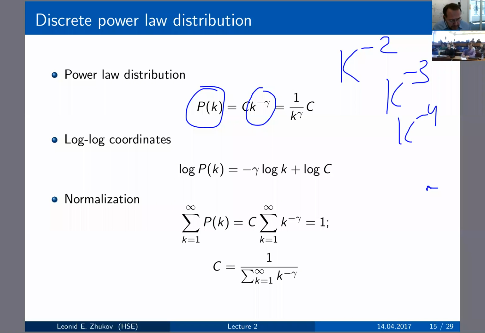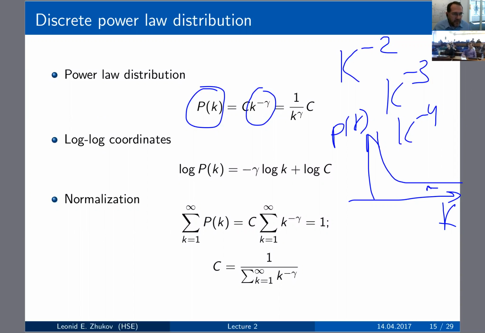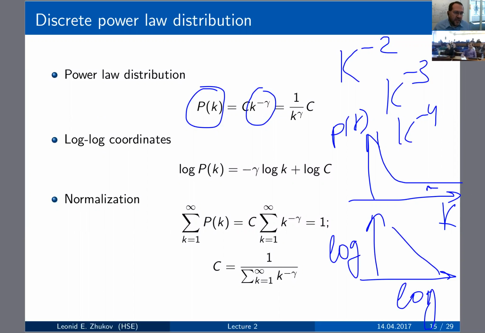All of those functions, if I draw this p of k as a function of k, will look like that. But if I draw them in a logarithmic scale, then they will look like a straight line. And depending on this value, the angle will be different, right?